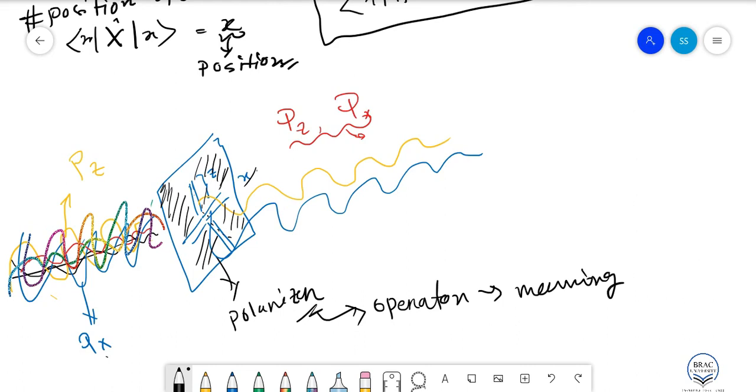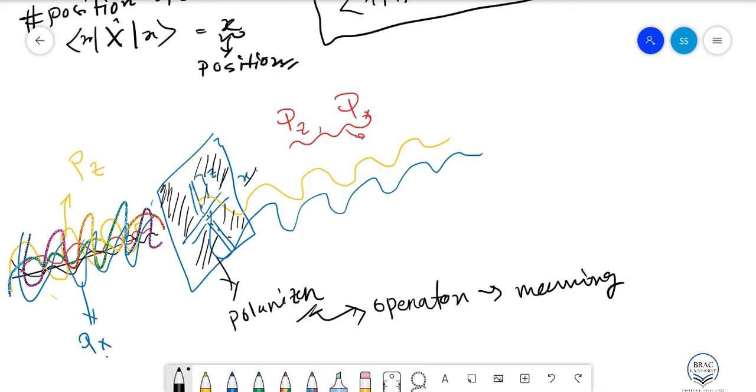For this experiment, those are my proper states, that is, I can actually let them pass. And the others do not.